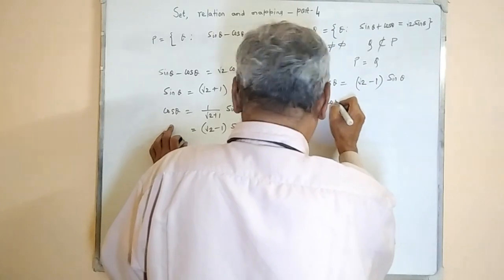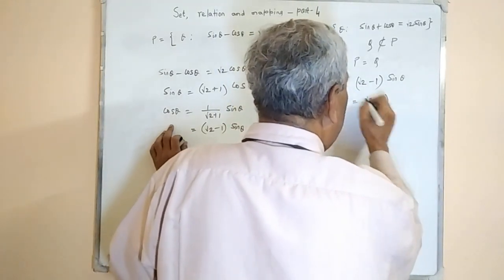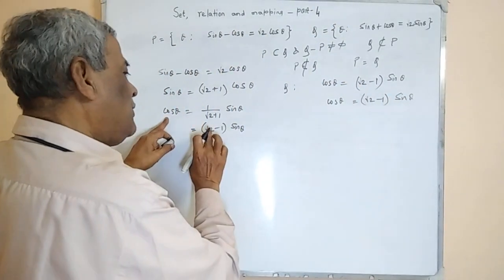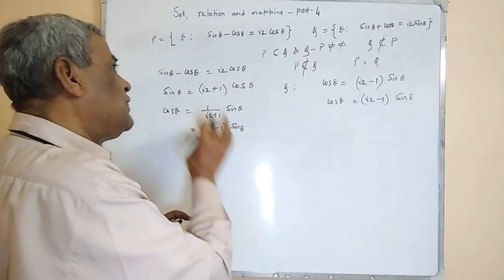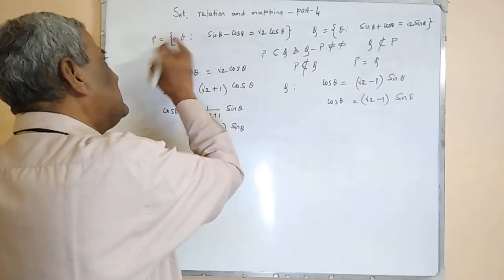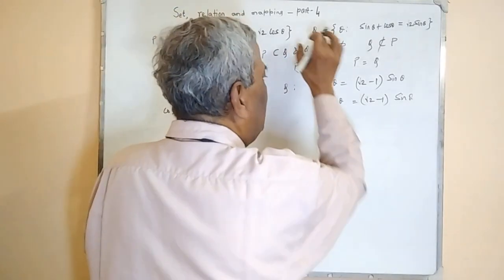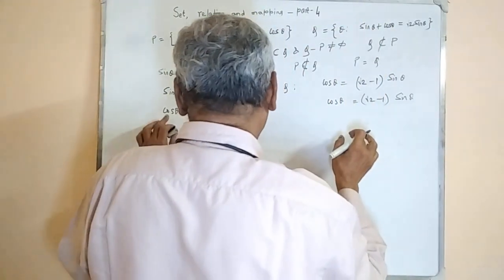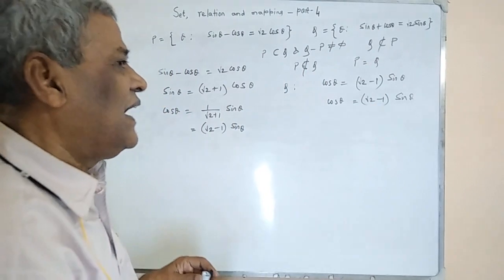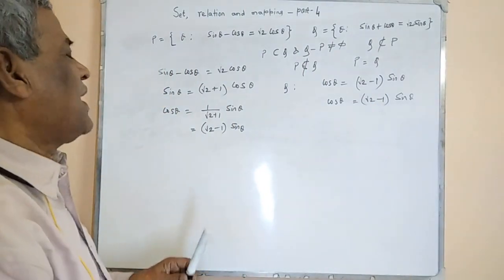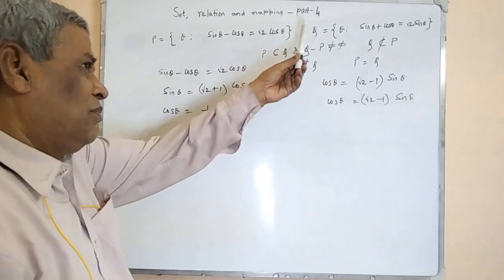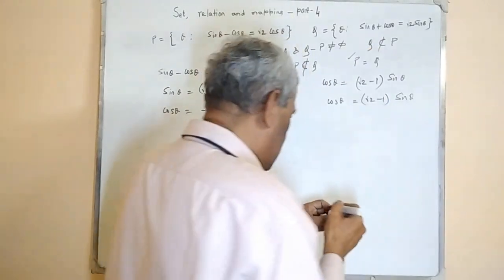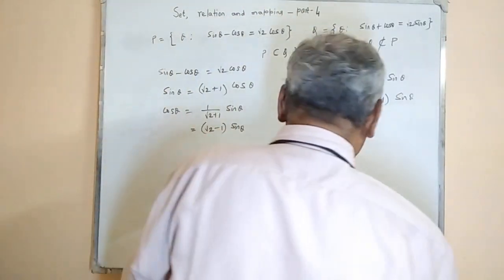So you see, cos theta is equal to root 2 minus 1 into sin theta: if its solution is the set P, similarly for Q, the solution of this equation is the set Q. But you see, they are identical, they are equal. Therefore, all members of P must be members of Q. Therefore, our option P is equal to Q is correct.